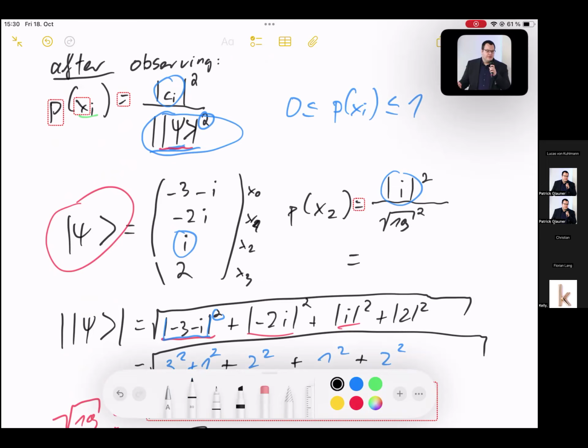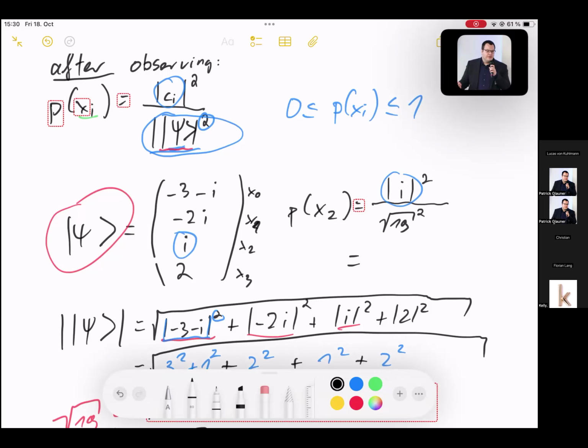Fairly easy to simplify it, because the numerator is just a 1, and this will be 1 divided by 19. And this is something like 0.52632, and so forth. So you see, these equations here are actually not that difficult. If we look at a concrete example, we can see how to solve it.